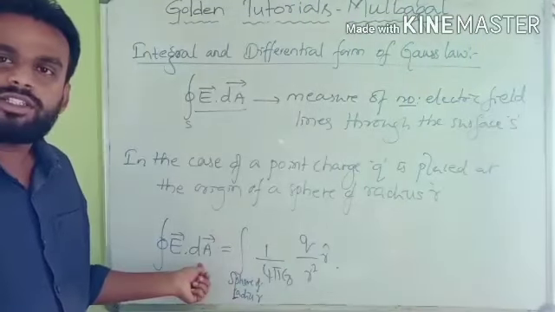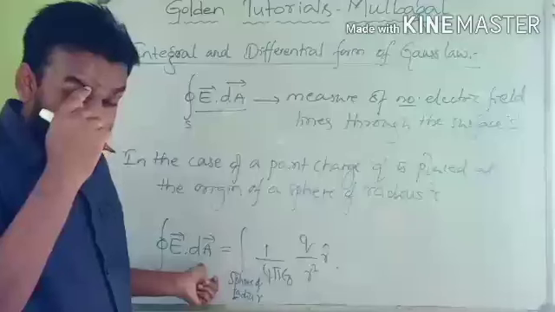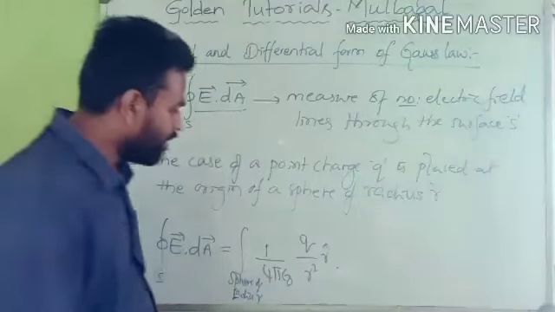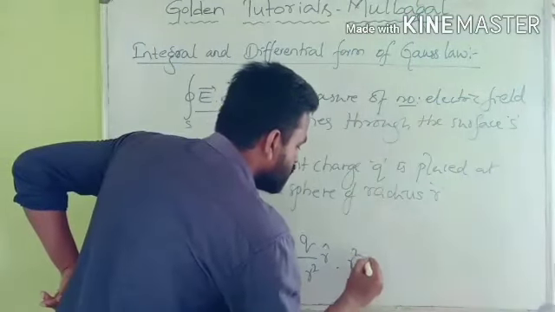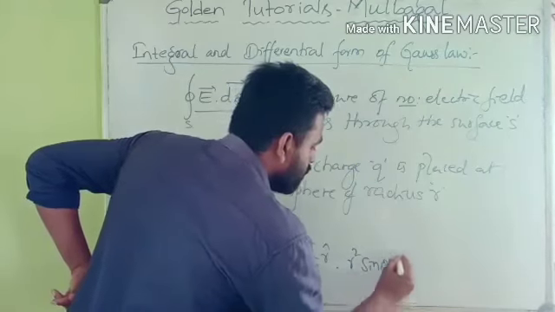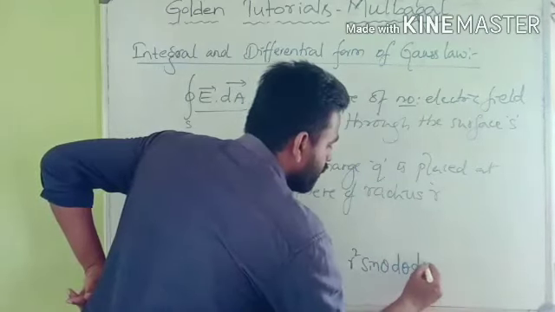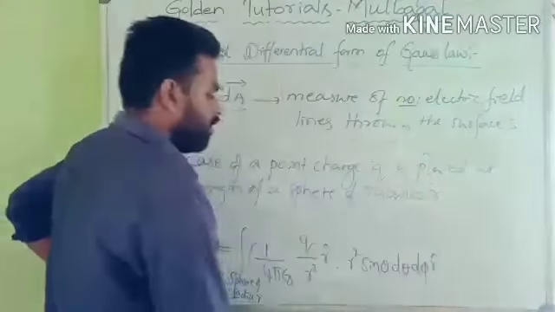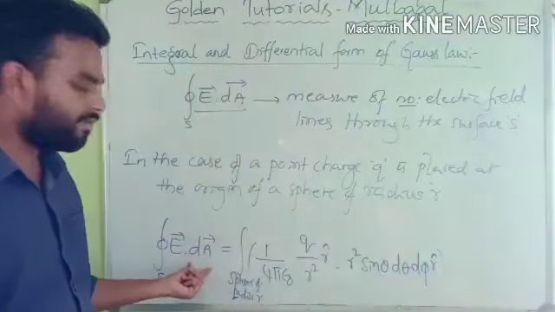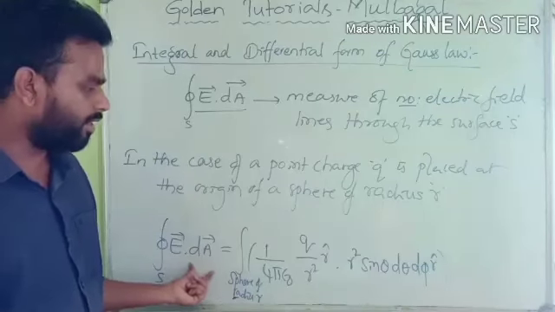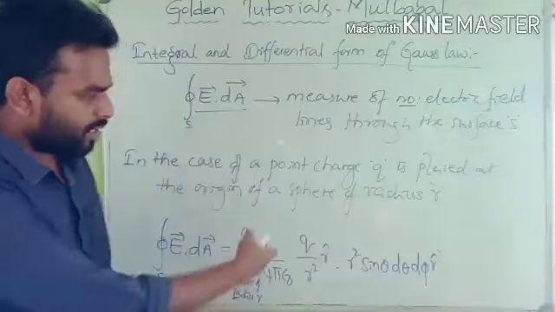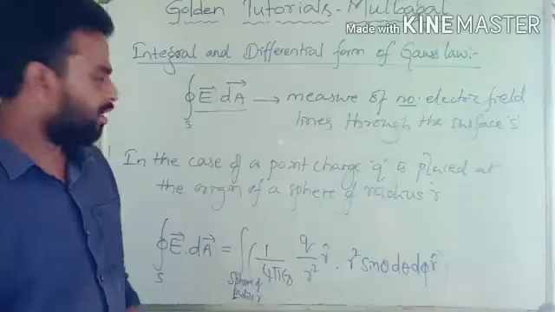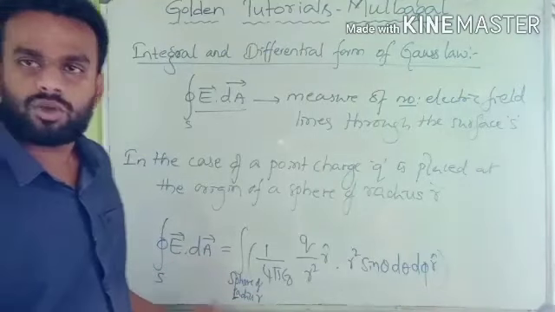What is dA? It is the area element of that sphere, right? So in spherical polar coordinates, it can be written as r square sin theta d theta d phi times r cap. So this is the quantity which gives us the area of the sphere of radius r. Now let us solve this integral, thereby we can get the total electric flux through that closed sphere.